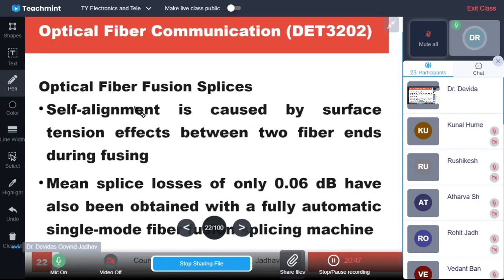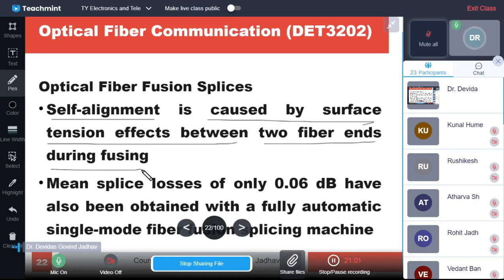The optical fiber fusion splice has self alignment caused by the surface tension effect between the two fiber ends during the fusing. Mean splice losses of only 0.06 dB have also been obtained with a fully automatic single mode fiber splicing machine. So 0.06 dB is quite a small loss.